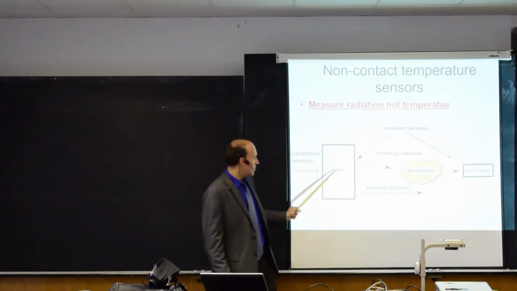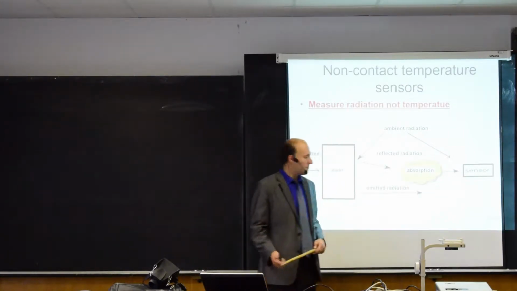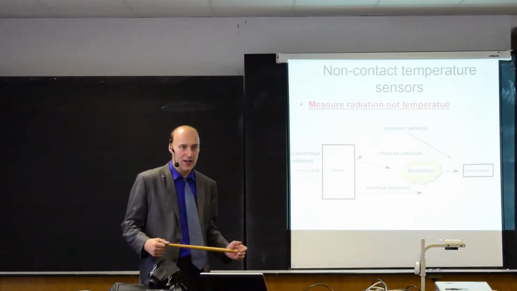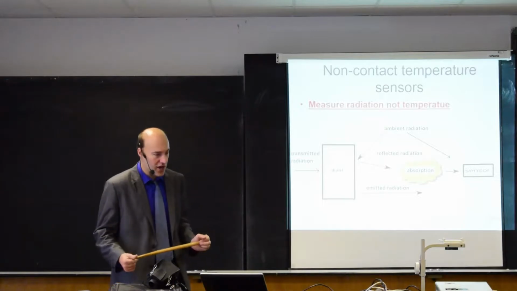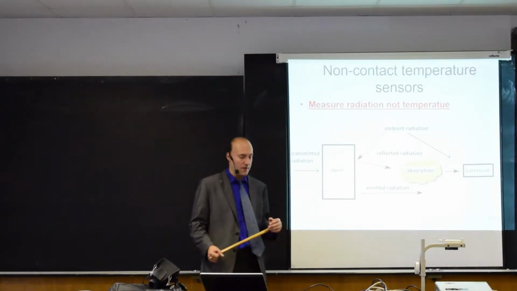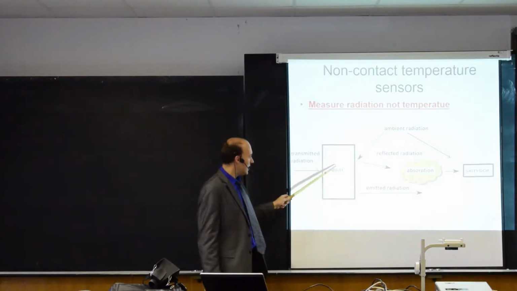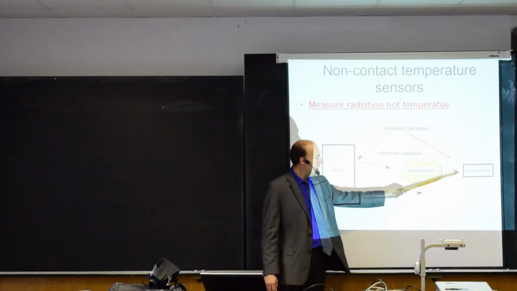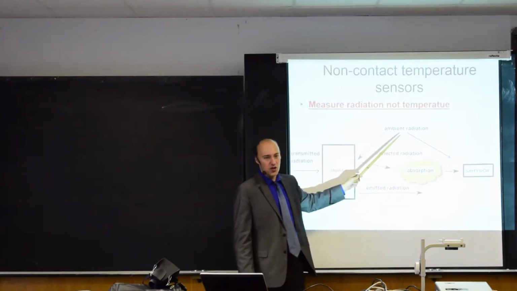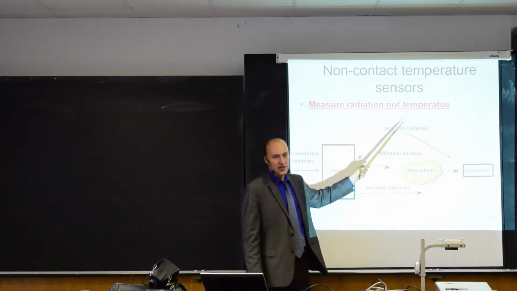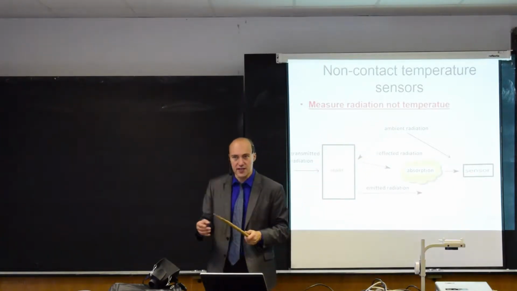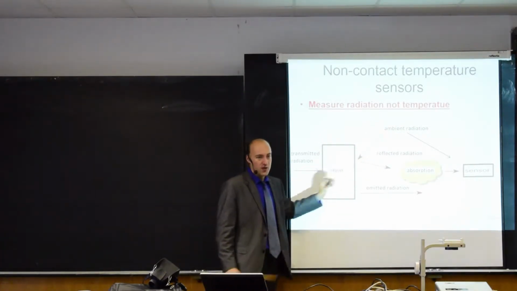So here we have the object, here we have the sensor. But unfortunately, there are other effects and other sources of radiation that we need to take into consideration as well. One source of radiation that will go directly to the sensor is ambient radiation. So this could be the sun, this could be the reflection from some other objects than the one that we measure.